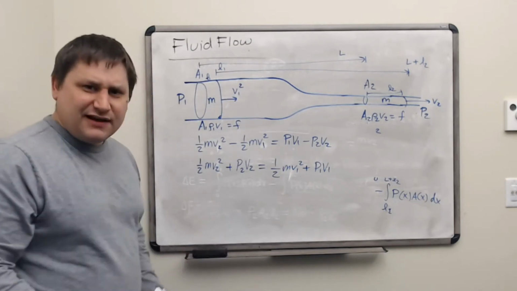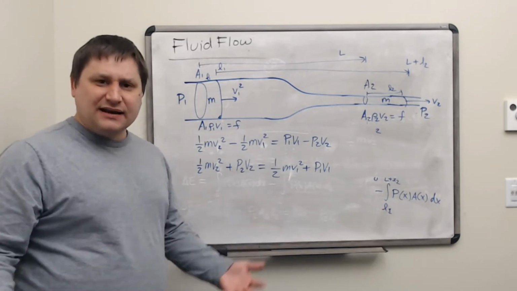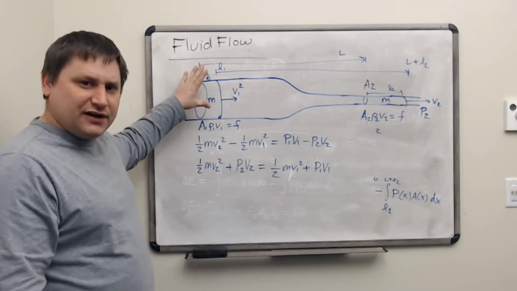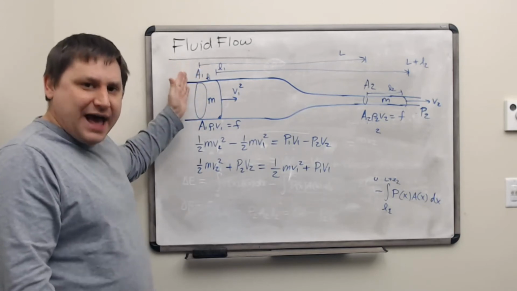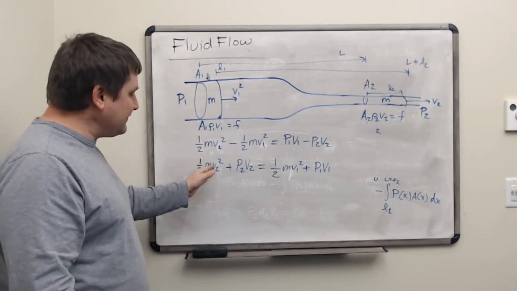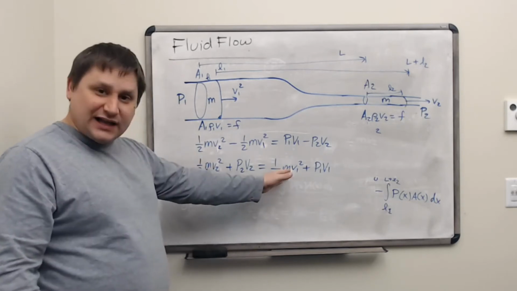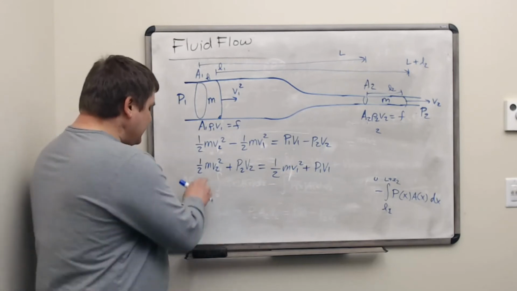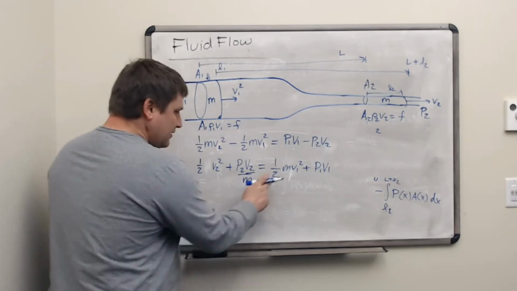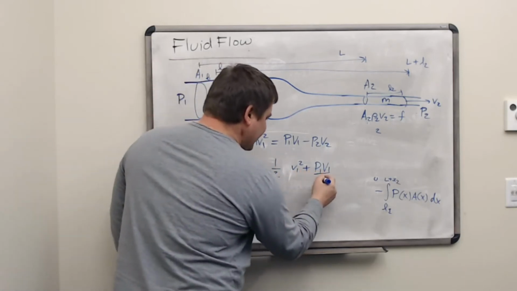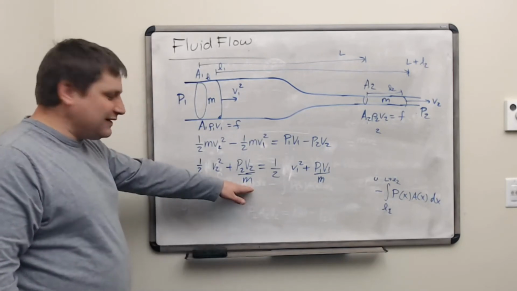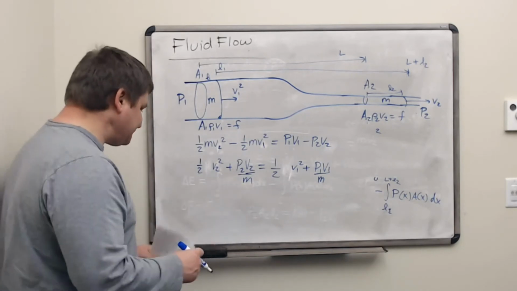The last step is we would like to make this independent of a particular size of chunk of fluid here. We want it to be independent of the value of m. So it's the same mass that goes in on the right, that comes out on the right, and goes in on the left. So we'll divide the equation on both sides by m. That can cancel it from those v squared terms. But then it puts the m in the denominator in these pressure times volume terms.